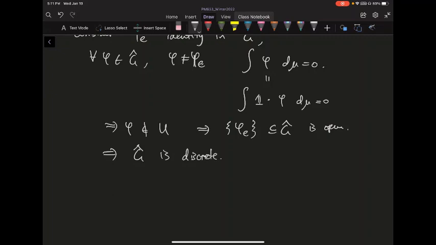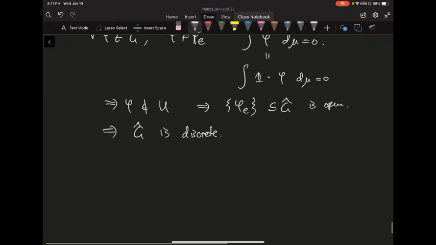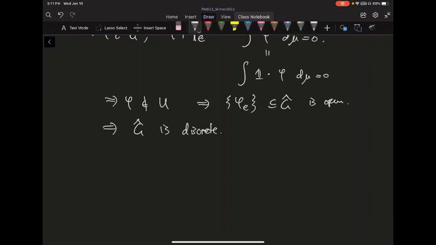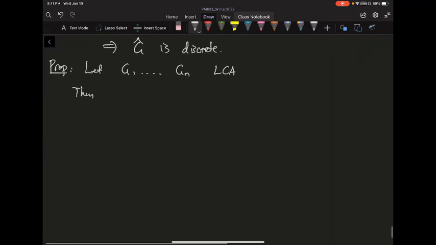All right, so that finishes this kind of duality between compactness and discreteness of this group and its dual. Well, the next proposition I want to show is kind of an easy one. Suppose I have G1 up to Gn locally compact Hausdorff abelian. As you recall, one way of constructing an abelian group is just taking the direct product.